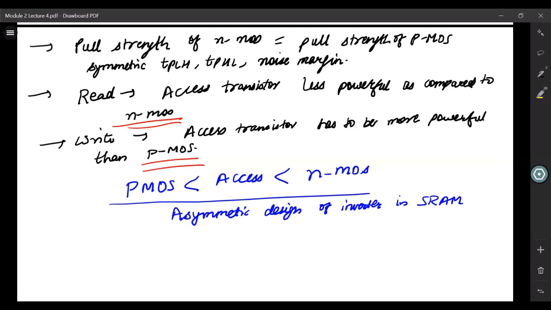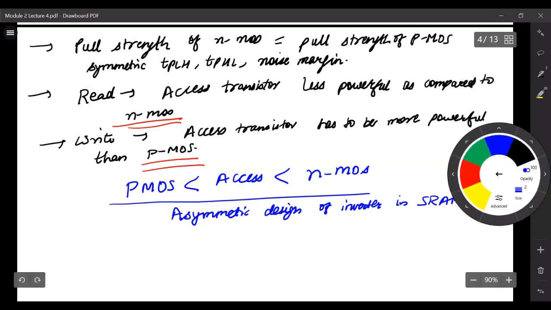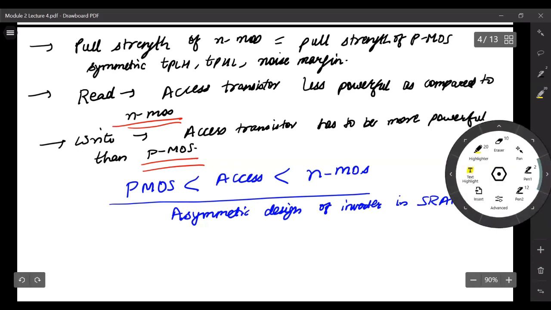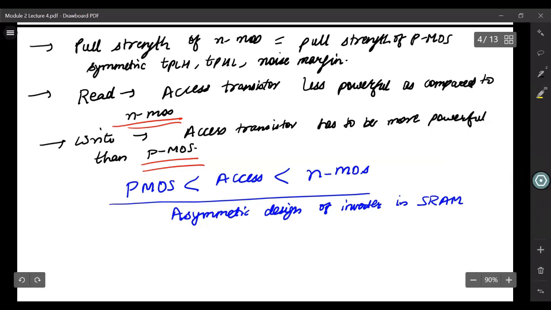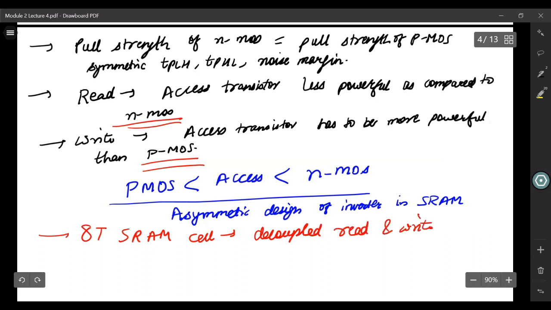Now, apart from this 6T, there are also multiple SRAM cell designs, and one of them I discussed in the last class, that was the 8T SRAM cell. In the 8T SRAM cell, you had decoupled read and write paths. Because the read and write paths were decoupled, you didn't have any size constraint.